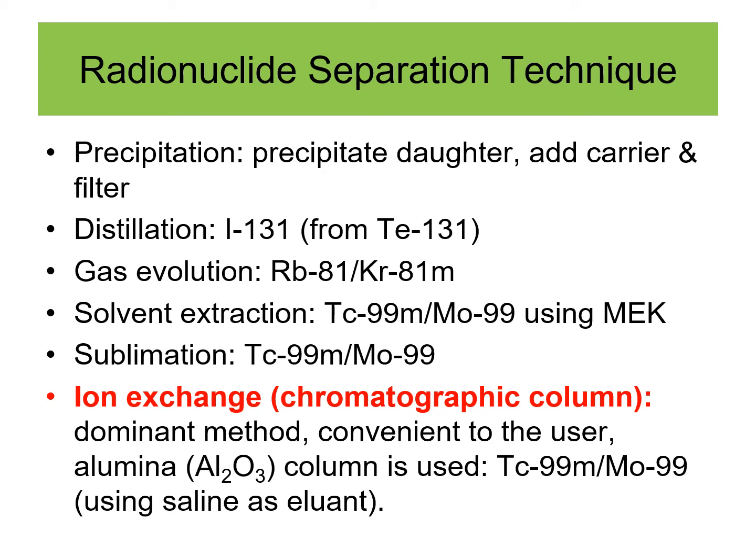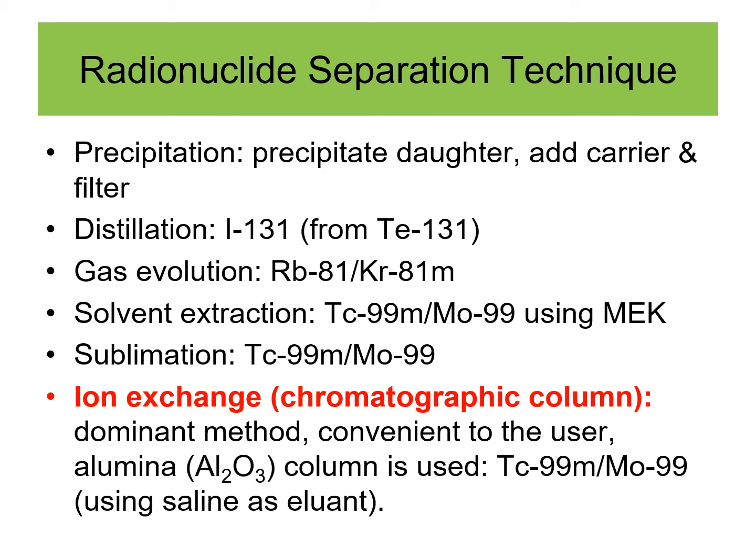Before that, various methods of separation were tried. First is precipitation, second distillation, such as the use of distillation to extract iodine-131 from tellurium-131. At later stages, solvent extraction methods were used for separation of technetium-99m from molybdenum-99 using methyl ethyl ketone organic solvent.